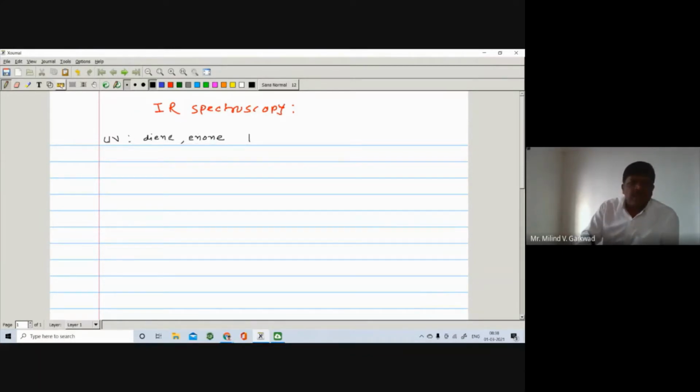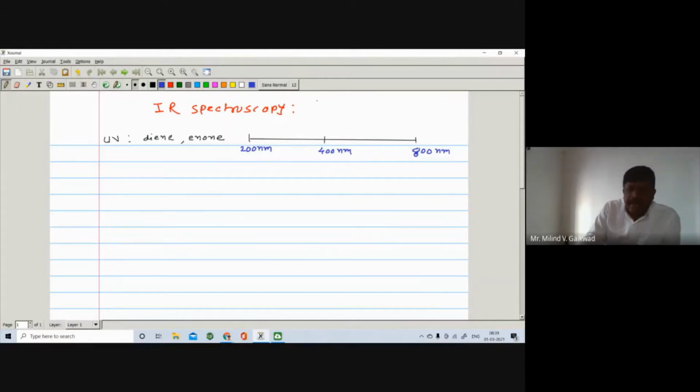The range for UV actually starts from 100 nanometer, but from an organic point of view, we are interested in 200 nanometer to 400 nanometer. It is the range for the UV, and 400 to 800 is the visible region.